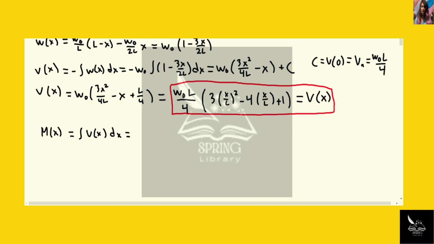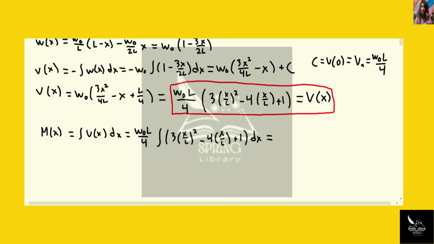We'll factor out that constant W0L over 4 and integrate 3 x over L squared minus 4 x over L plus 1 dx.